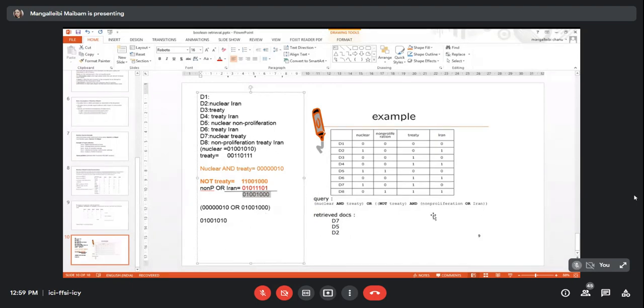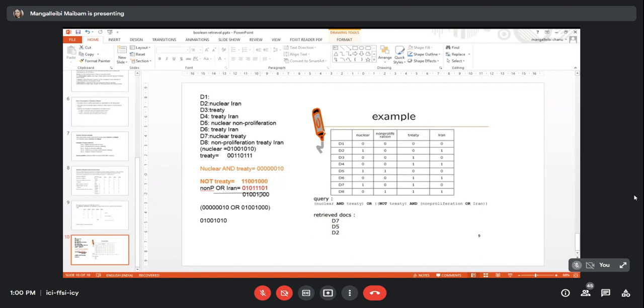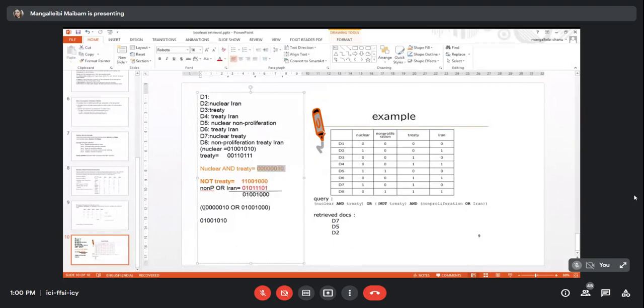Now we got a result for this part. This result and the nuclear AND treaty result, we are going to take an OR operation. If we take the OR operation, it is this one.